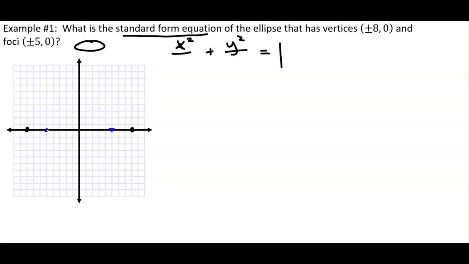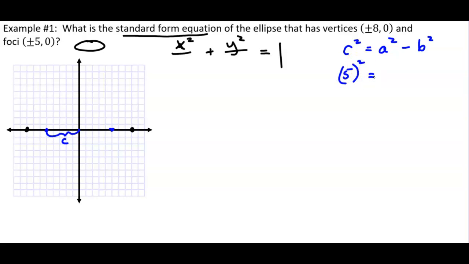So I'm going to use my formula that says c squared equals a squared minus b squared. And I know what c is, and I know what a is. This distance here, that is c. And so that's 5, or negative 5, and it doesn't matter because I'm going to square it.